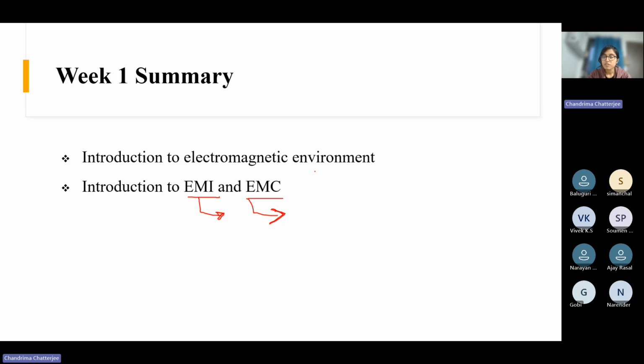Suppose you are running your laptop and in the vicinity there is some device which is interfering with your laptop and it just goes haywire. Whatever you are doing, you are not able to do it. There is some disturbance. So that is obviously not desirable. We will not be able to do anything, right?